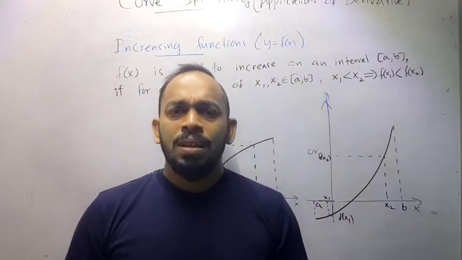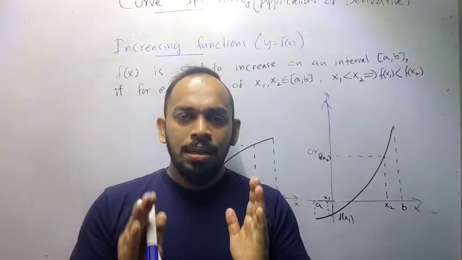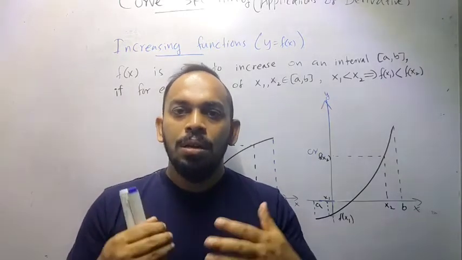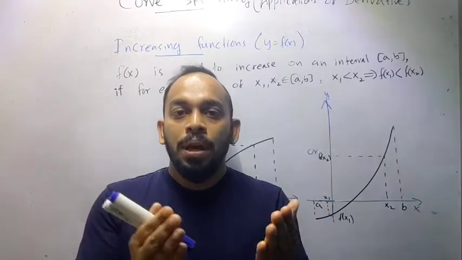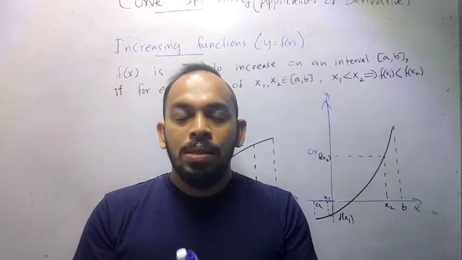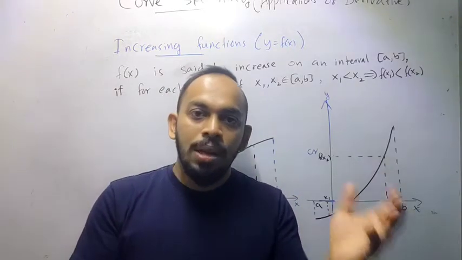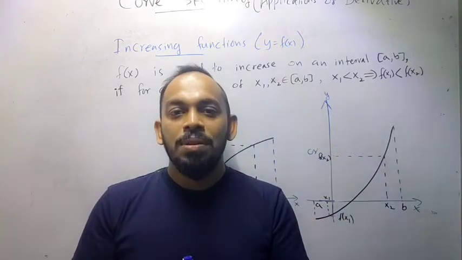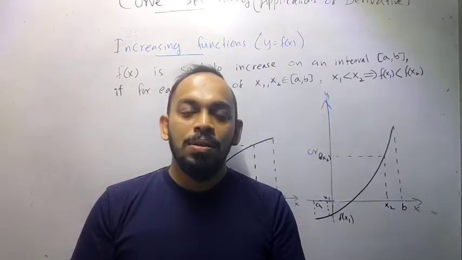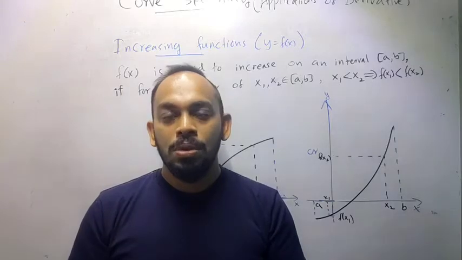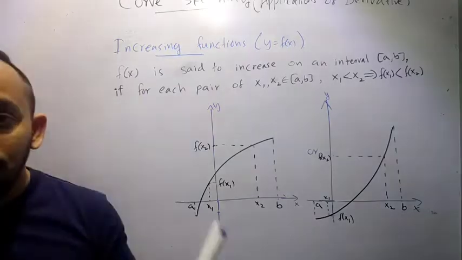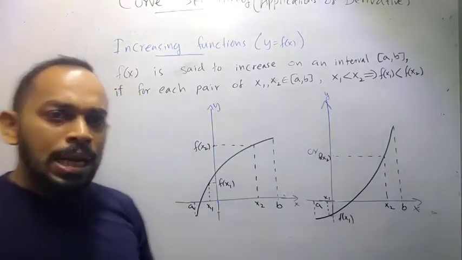This is the definition, but how can we use it? We would come up with two x values, substitute them into the function, get outputs and check whether these two numbers are different. That's not the right way to go, because it would be quite arduous. So there's another method to test whether the function increases or decreases.